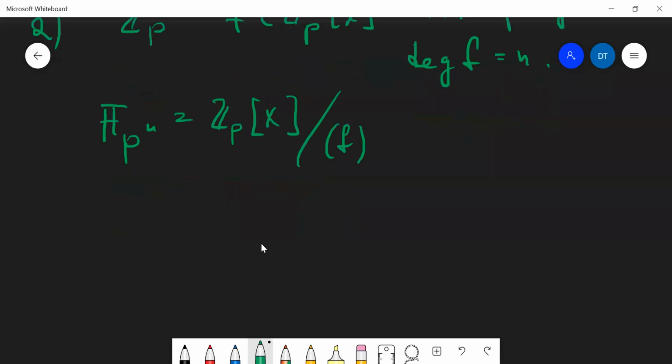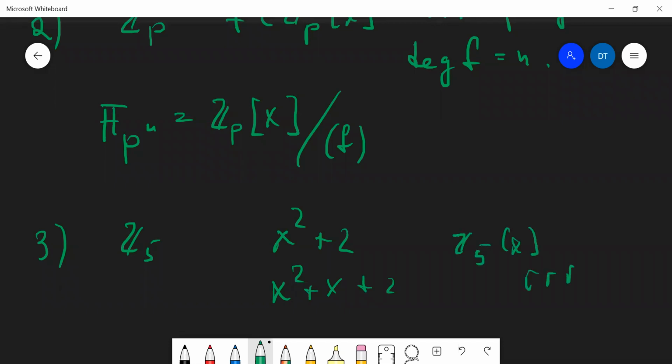For example, take Z_5, the polynomials x squared plus 2, and another, x squared plus x plus 2. These are polynomials of Z_5[x], and they are irreducible.